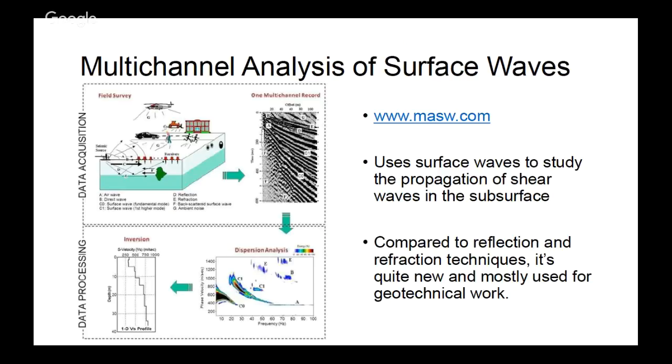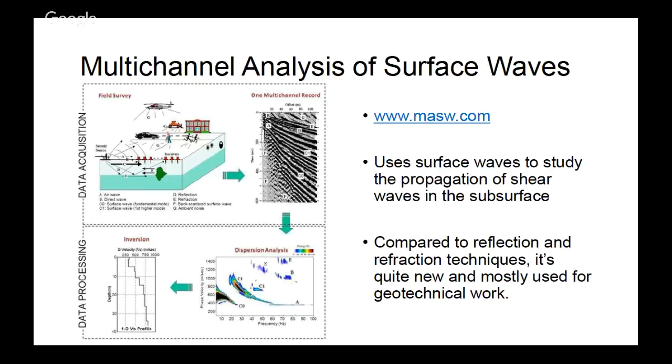What we're doing is using some of those surface waves that we didn't use in the previous processing, like the stuff that came in as ground roll. We're going to use those arrivals to determine the shear wave velocity of the ground, which is going to give us an idea of its stiffness.